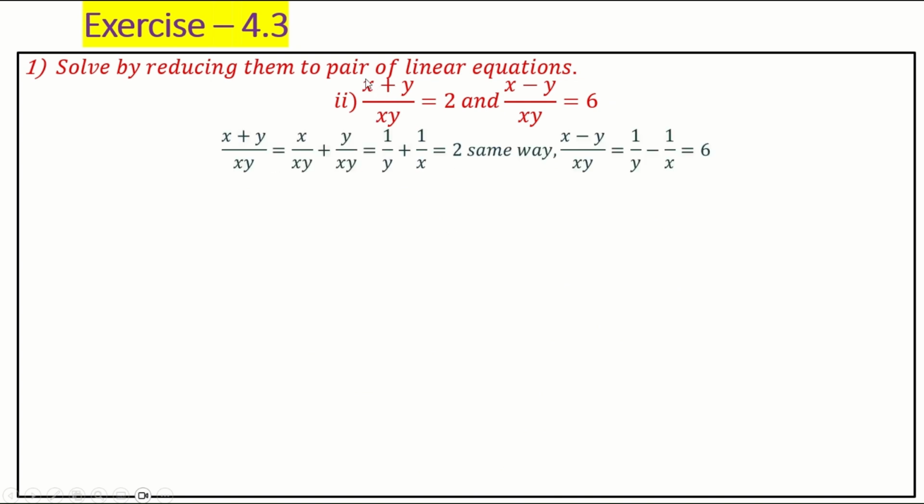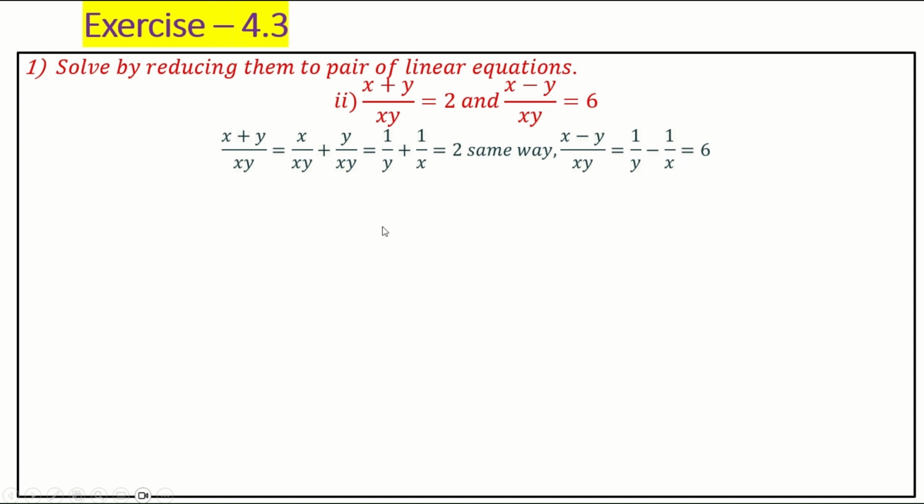In this one, you separate them, dividing each of them by xy. With this you will not get any solution otherwise. So x plus y by xy equals x by xy plus y by xy, which is 1 by y plus 1 by x, equal to 2. The second equation becomes 1 by y minus 1 by x equal to 6.